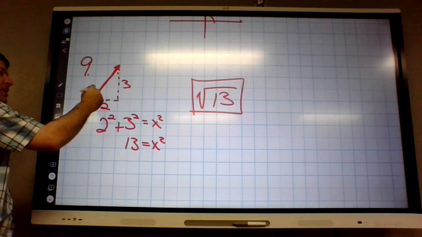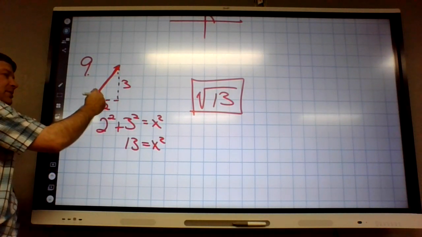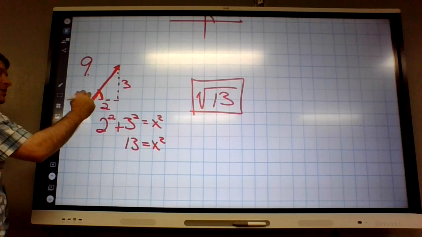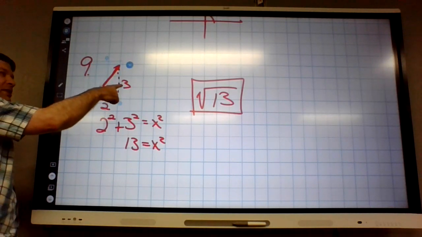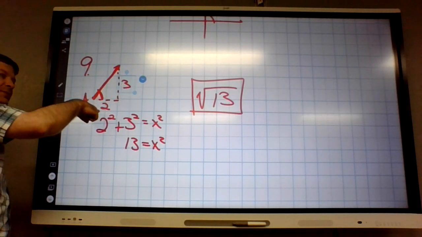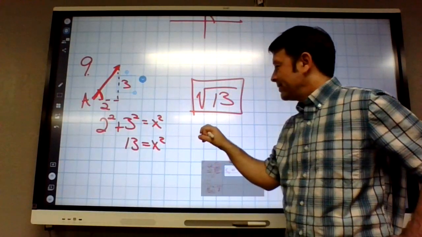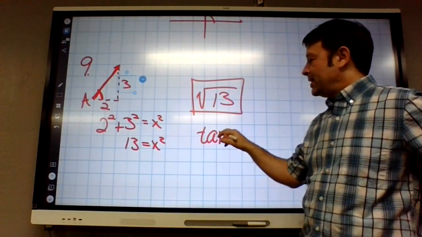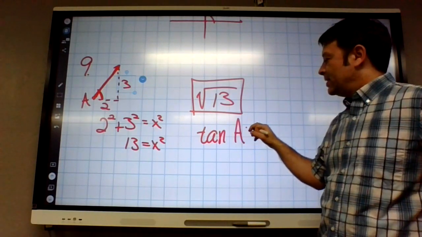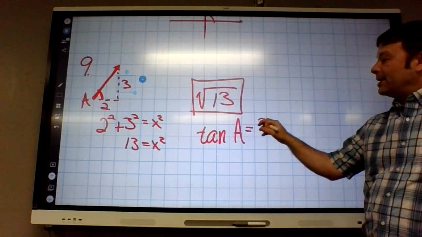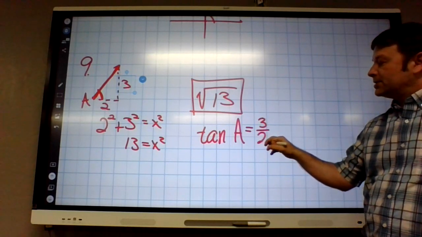Okay, so we also need the angle, the direction right here. Okay, so here's our angle. Relative to this angle, we have the opposite and adjacent, which means we're going to use tangent. So tangent of the angle equals the opposite over adjacent.